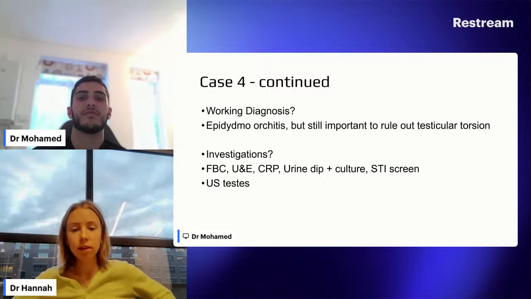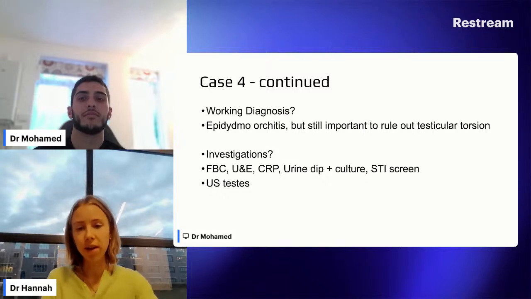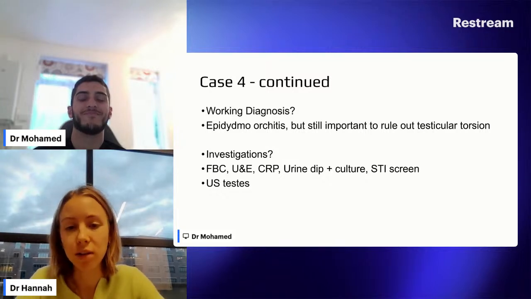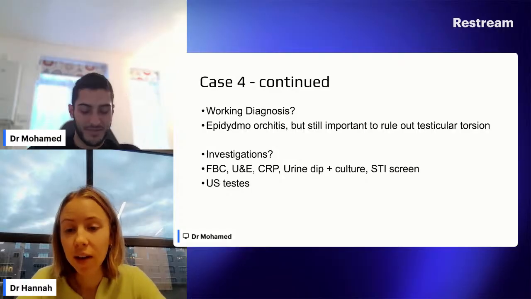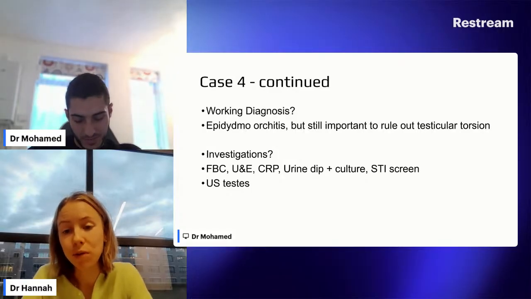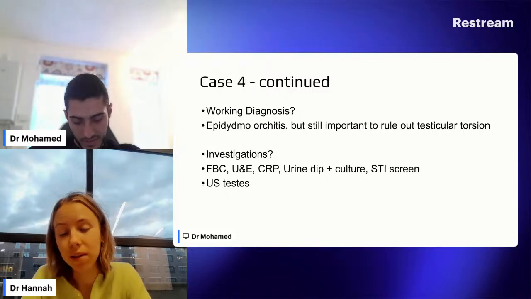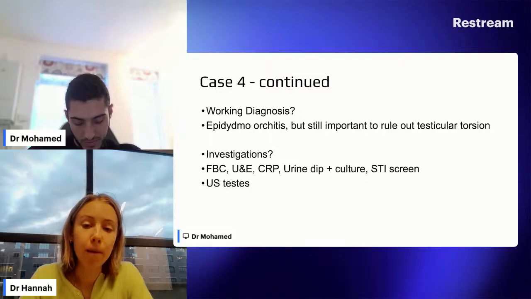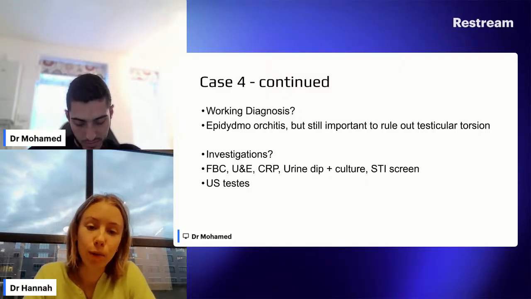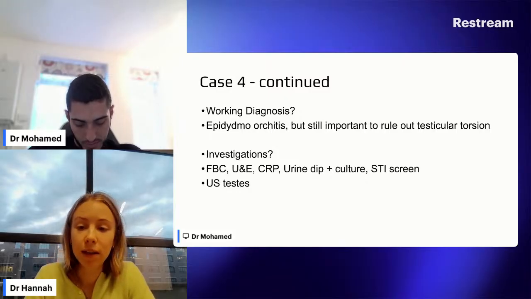So what's our working diagnosis? Well, we've got it up there. It's epididymo-orchitis. So this is quite a classic history. We think it's probably been driven by an STI that he's acquired. But obviously we still want to be ruling out testicular torsion.